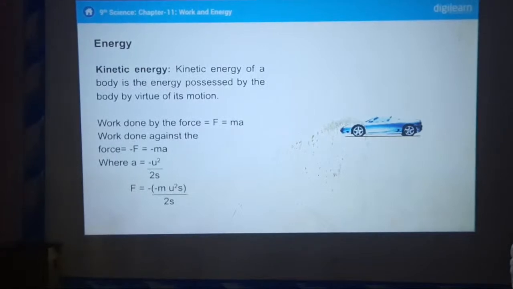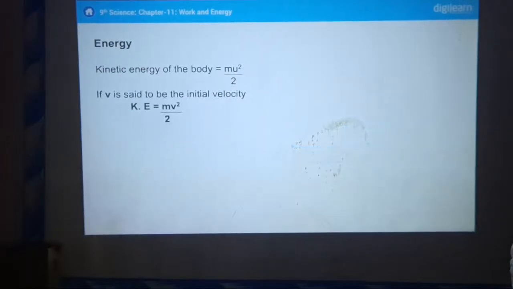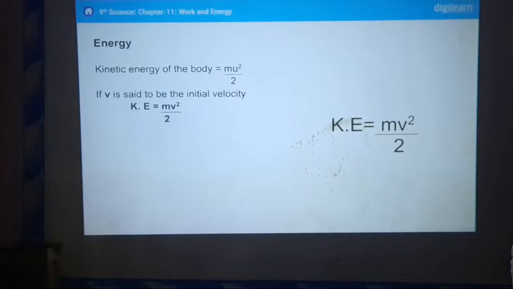Work done by force equals F equals ma. Work done against the force equals minus F equals minus ma, where a equals minus u square divided by 2s. Work equals minus of minus m into u square into s divided by 2s. Kinetic energy of the body equals m u square divided by 2.